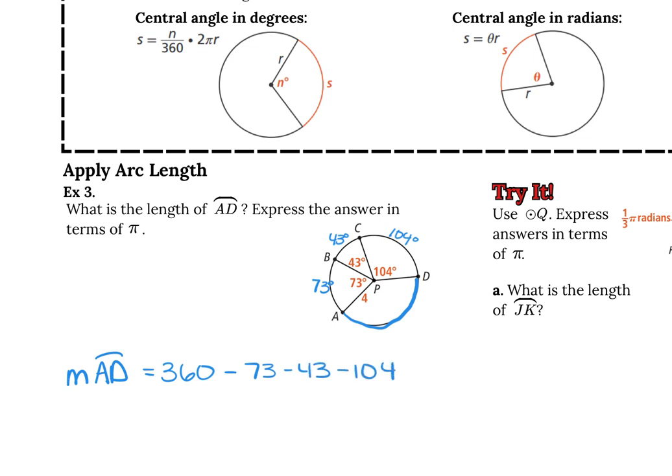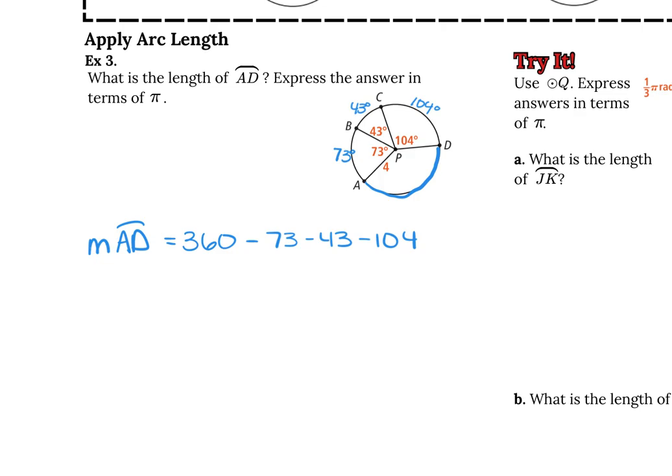And that's going to give me my measure for arc AD. So that would get me 140. But they asked us to express it in terms of pi. So now we need to convert that to radians.